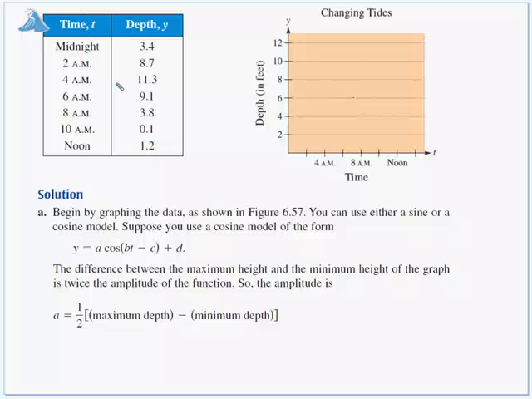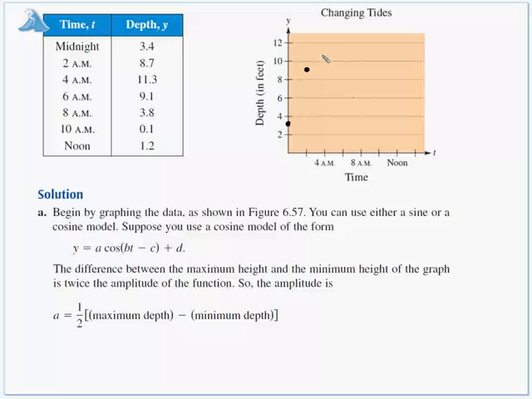So here's our data. The times are on the left, starting at midnight to noon, and the depth is our y value given in feet. First, let's look at what this data would look like if we graphed it. At midnight, we were at 3.4, so right about in here. At 2 a.m., the depth was 8.7.